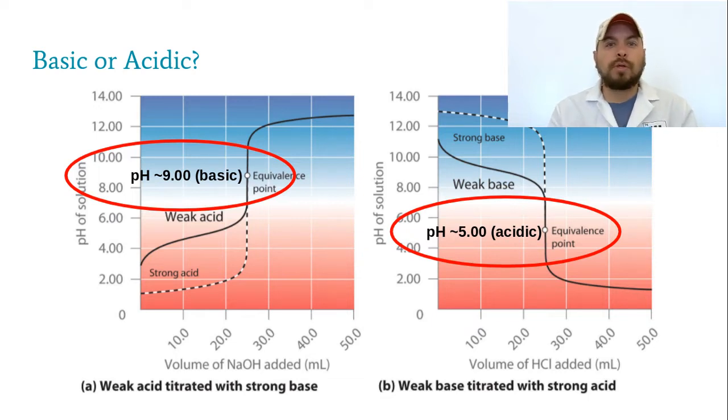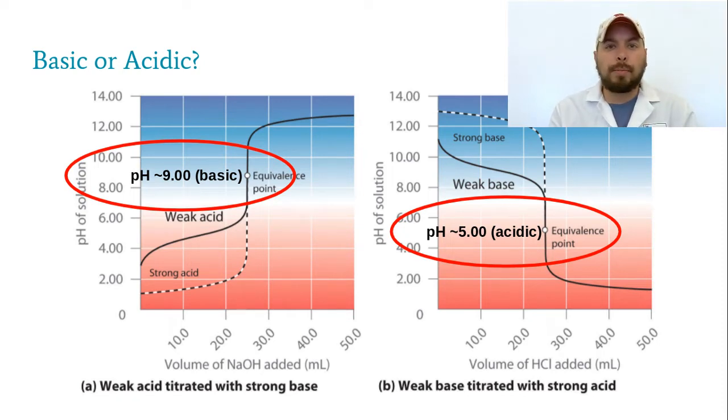So if we started with a weak acid, at the equivalence point, we have none of that weak acid left. It has all turned into its conjugate base. That means at our equivalence point, we have water and conjugate base. And a base in water, we know, increases the pH, which means the pH at the equivalence point of a weak acid strong base titration is greater than 7 because of the presence of the conjugate base.